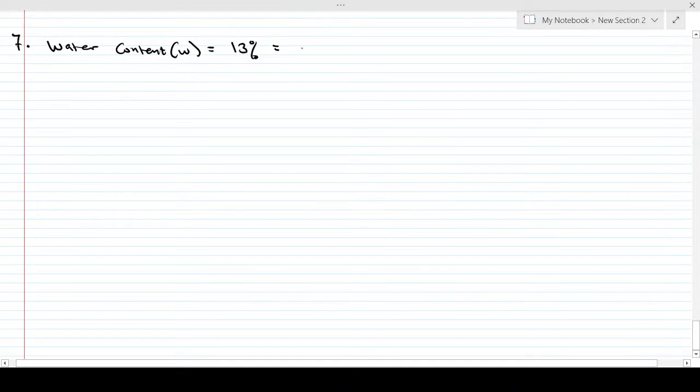So in this case, we have 0.13. Let's continue. And has a bulk density of 1.8. So we've been given bulk density, which is rho B, as 1.8 grams per centimeter cube.